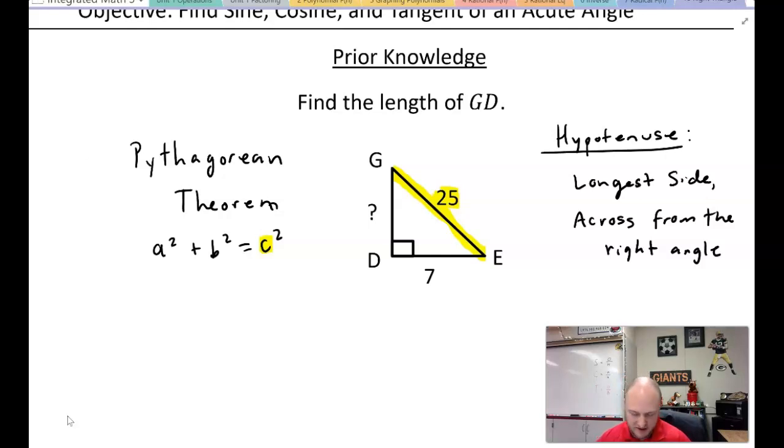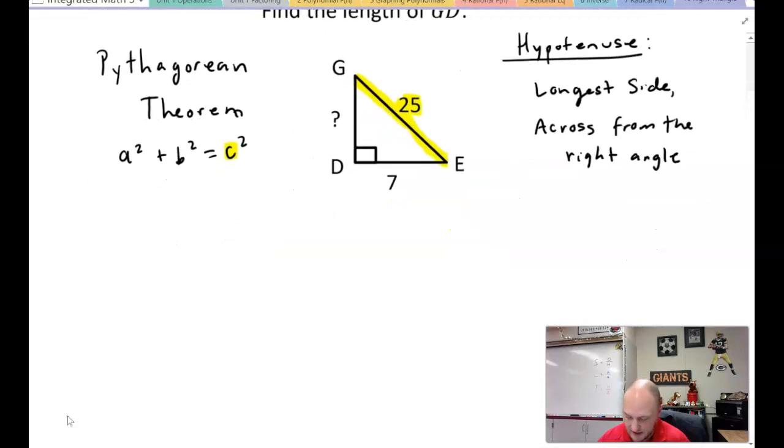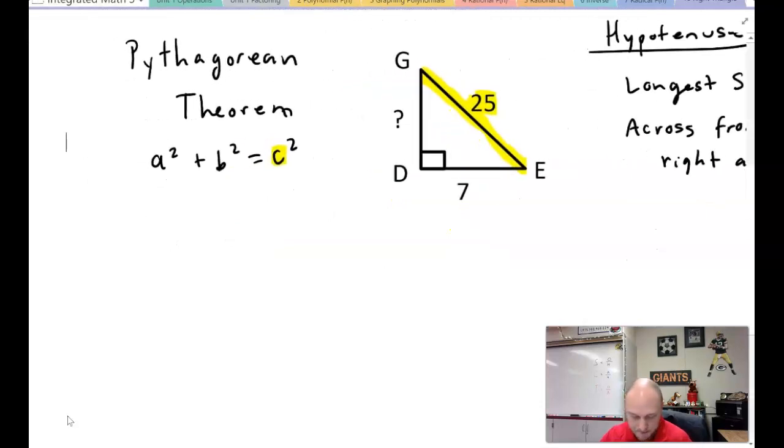Alright, so hopefully you paused this and gave this a go. For this situation, again, our legs can be either a or b. So I'll say x squared plus 7 squared, that's the other leg. This has to equal 25 squared. So there is your setup.